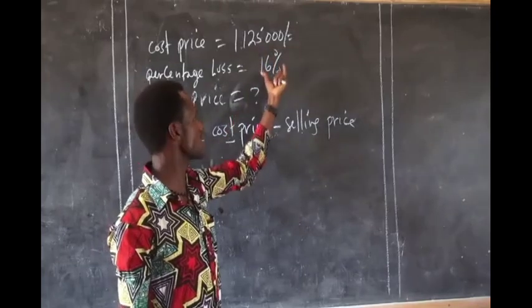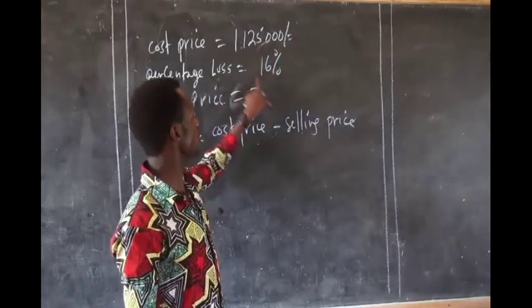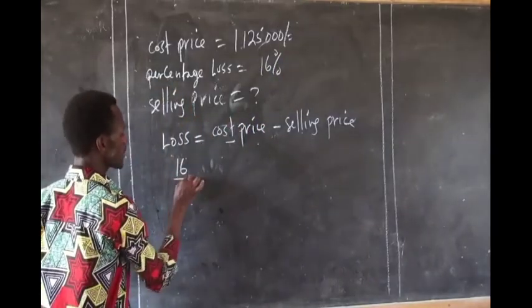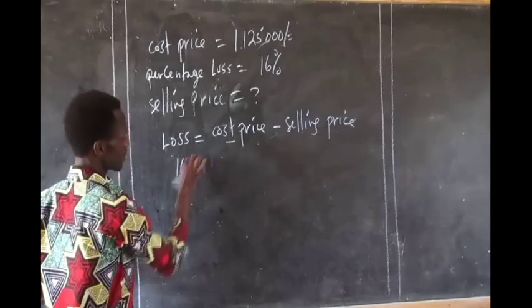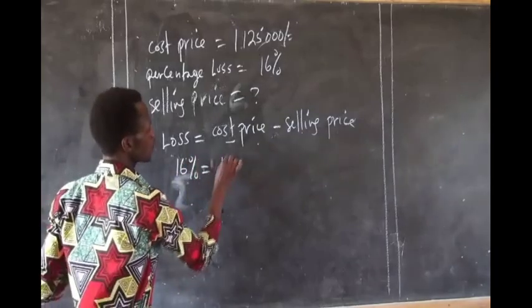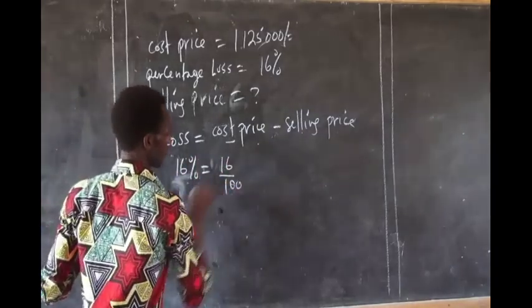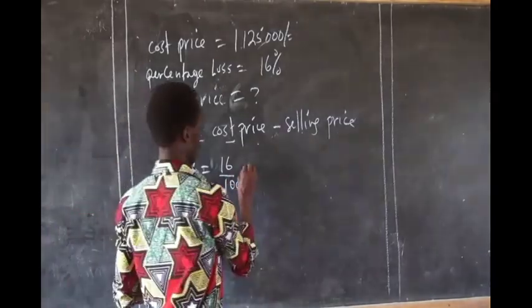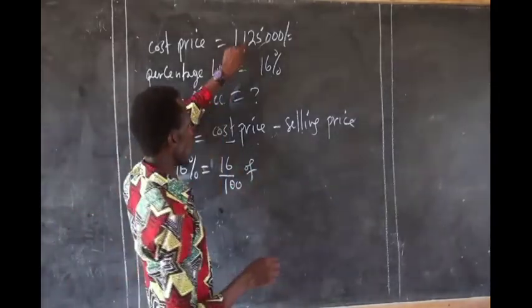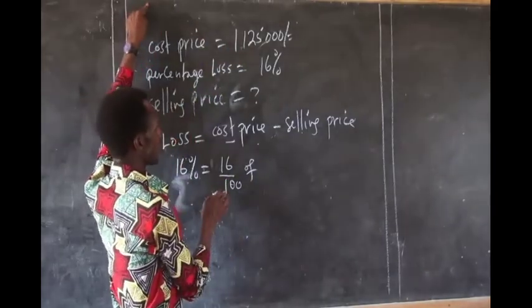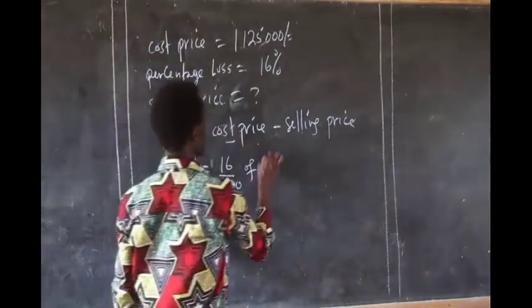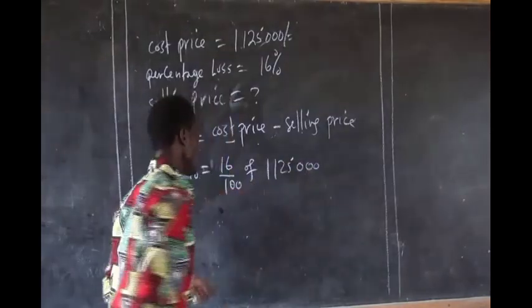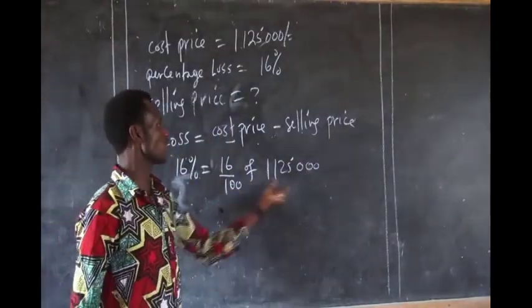This is 16%, which is equal to 16 over 100, out of the cost price, which is 1,125,000. Now we just want to know which number 16% is equal to.